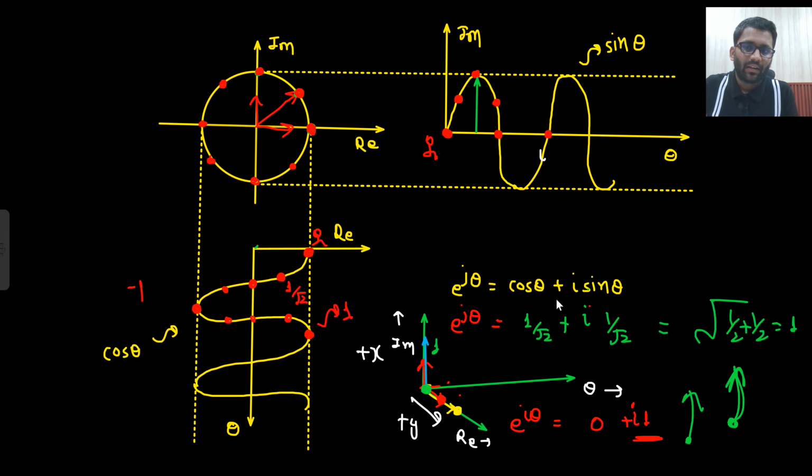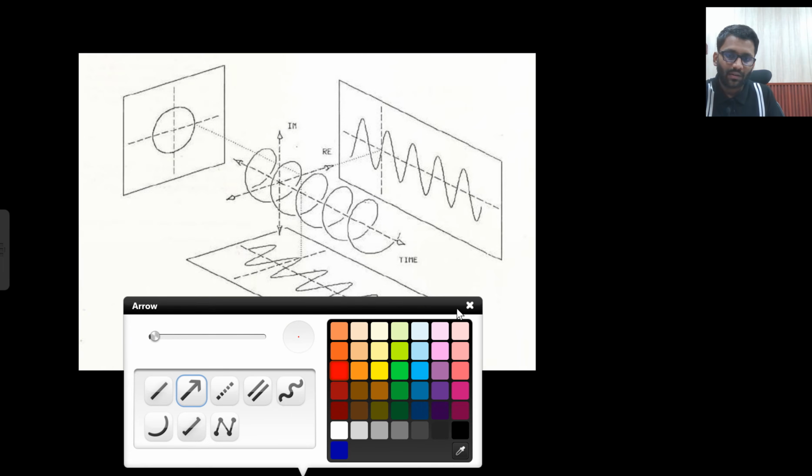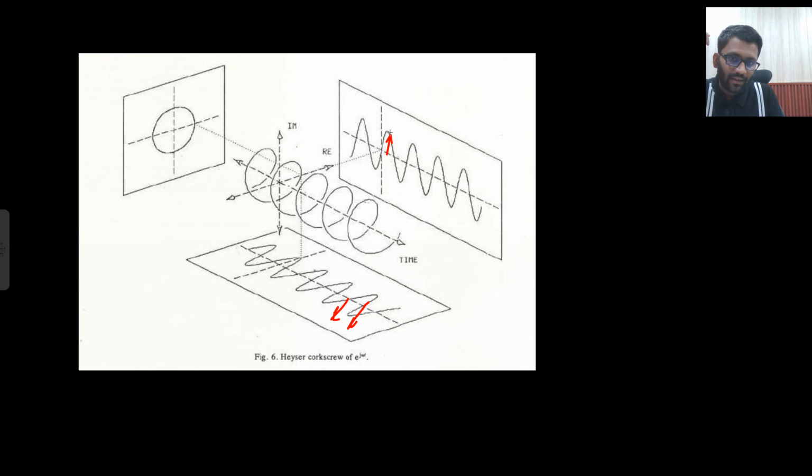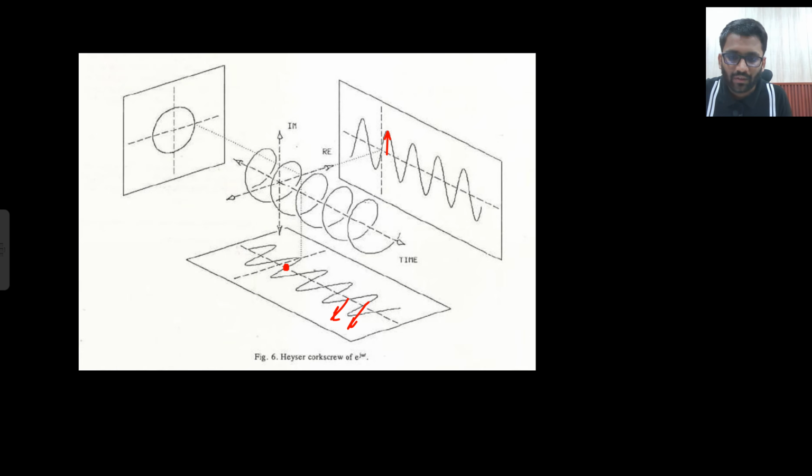Let me show it here again. Look, you are somewhere here on the imaginary axis, and on the real axis this was your 1. So on the real axis you were at 0. So what was your equivalent? On the imaginary axis it was 1. When you were somewhere in between, I will show, it is like this, 1 by root 2.